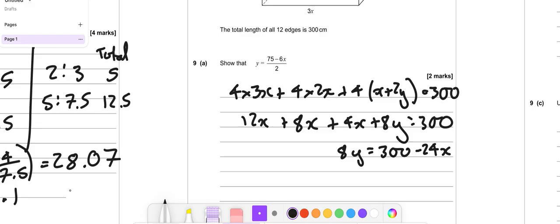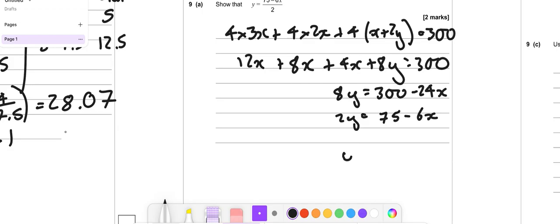Let's divide it all through by 4, because everything divides by 4. I get 2y equals 150 minus 6x, which means that y equals 75 minus 6x over 2.